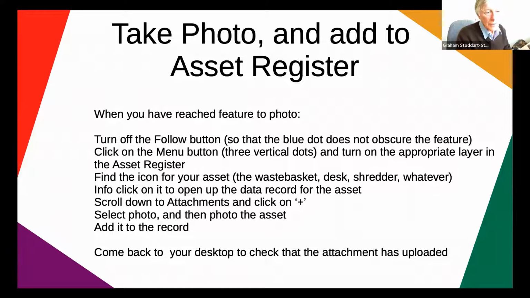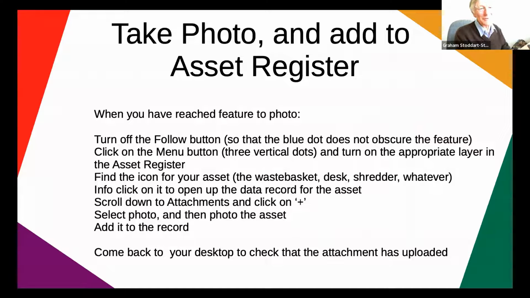Right. So if you click on it again, it turns it off, just so that it enables you to see the icon that represents your wastebasket or your shredder or whatever it is. When you do this for real outside, you'll find you get in front of the park bench or whatever it is, and you can't actually tap on it because there's great blue dots in the way.